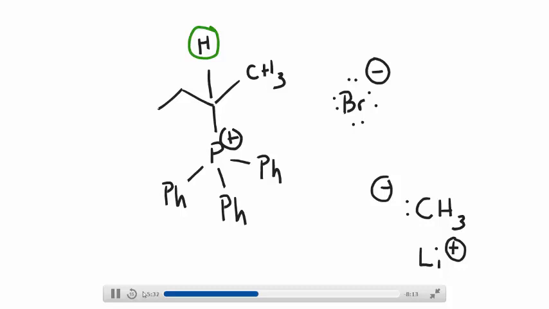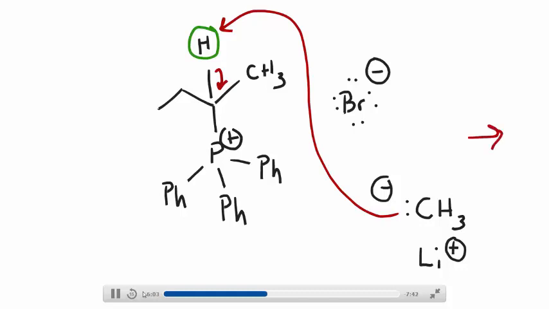The most acidic proton is the one attached to the carbon that is attached to the phosphorus. And there are reasons for this. This is the most acidic proton because by removing it, we will have the ability to produce a phosphorus ylide. So as we remove this proton, the carbon-hydrogen bond will break and carbon will get those electrons. Now, it doesn't really want to lose those electrons or do anything else with it. There's no leaving groups present nearby. It needs to maintain an octet, so it does keep that pair of electrons with it.